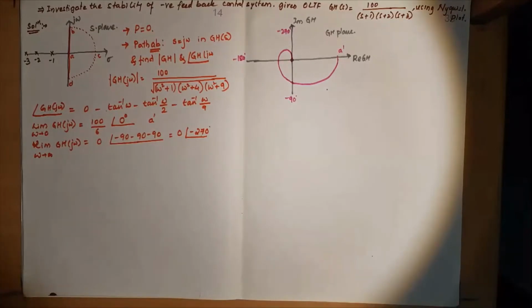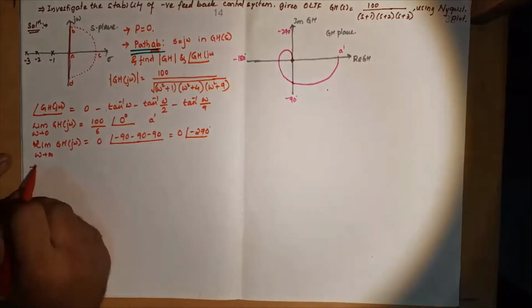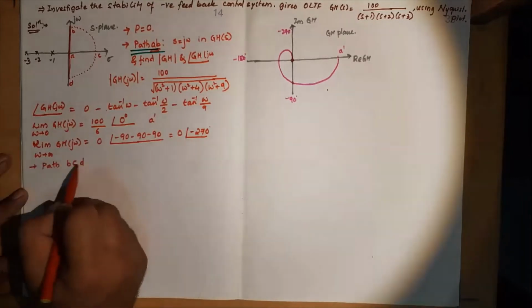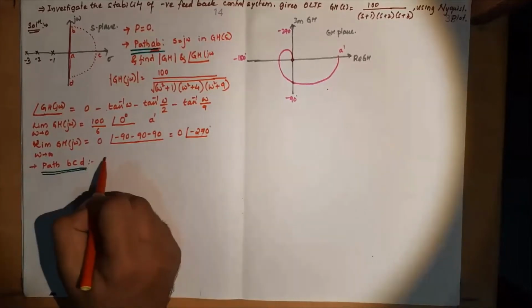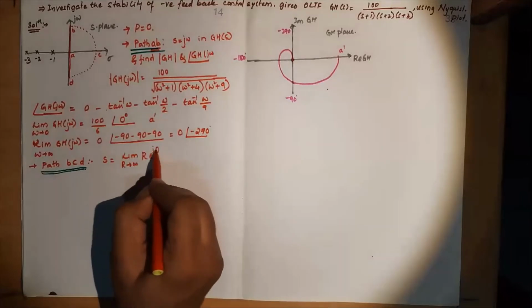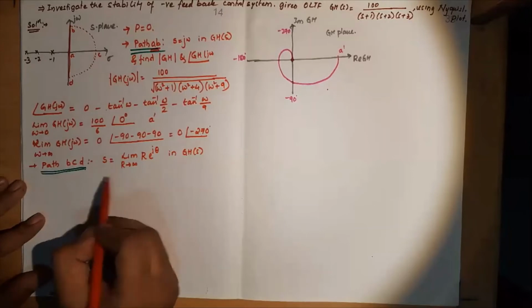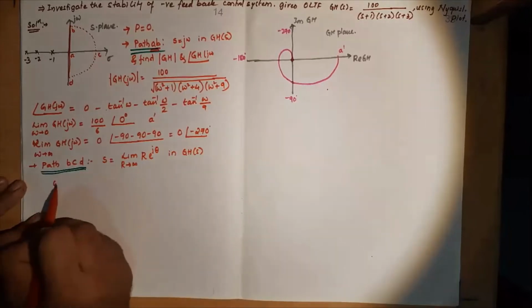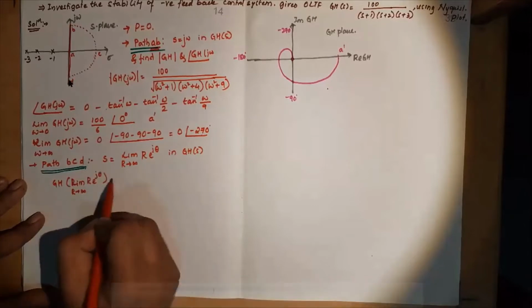This we have already done in polar plot. The path AB is done, then path BCD. For the path BCD we have to substitute s equal to limit r tends to infinity, because this is a semicircle with the radius as infinity and phase angle changing from 90, 0 and minus 90.